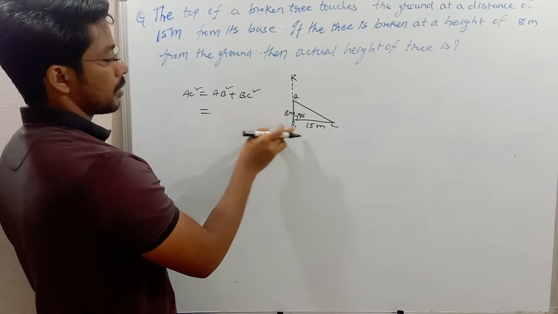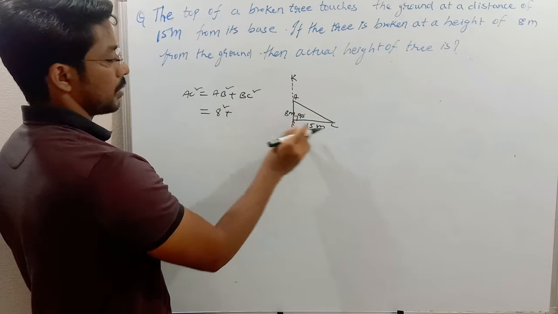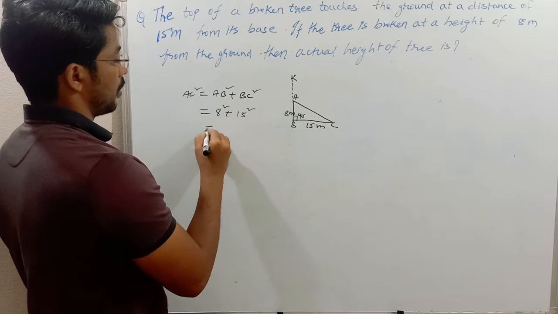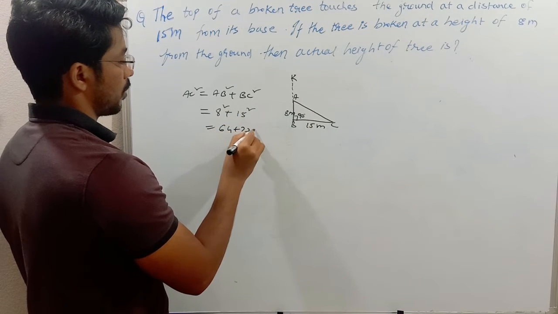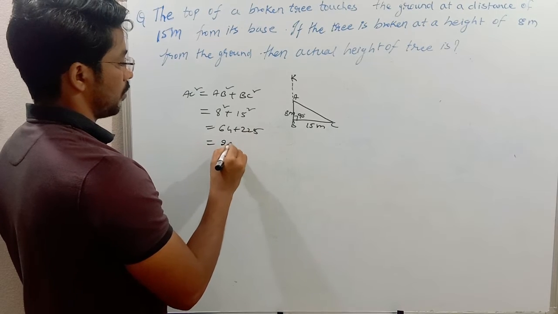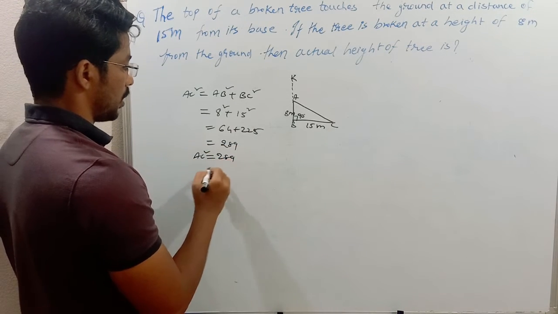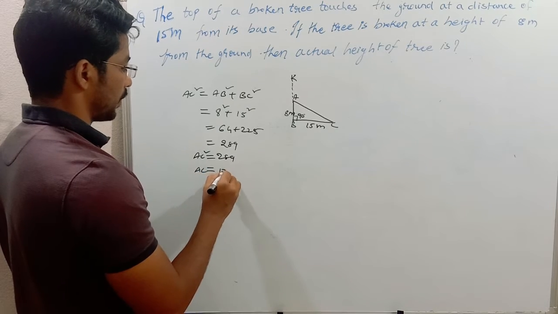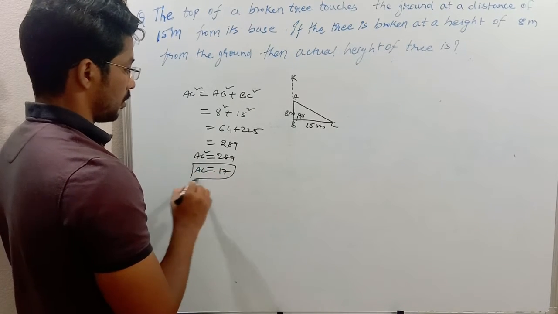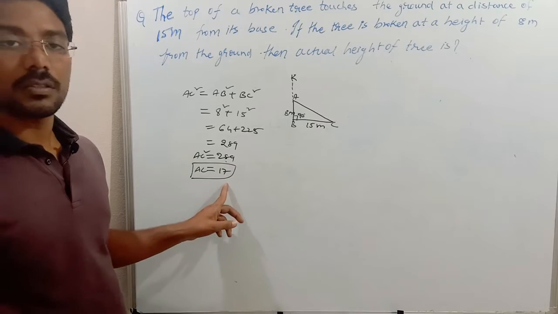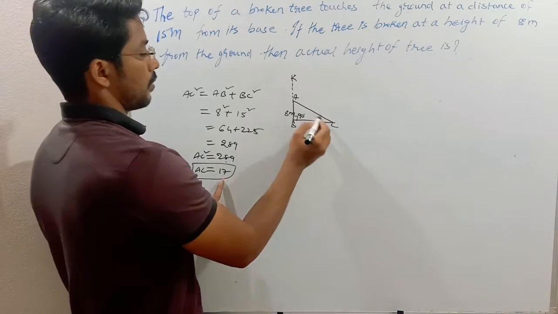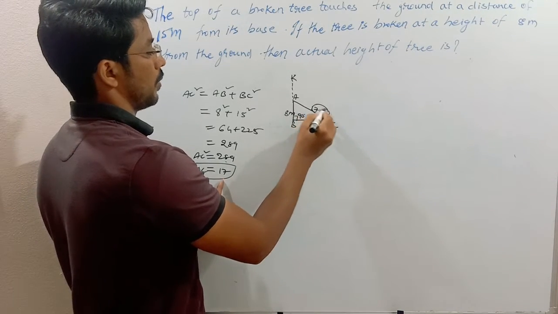AB square is 8 square, BC square is 15 square, 64 plus 225 is equal to 289. So AC square is equal to 289, then AC will be 17. The square root of 289 is 17. So the AC value is 17 meters.